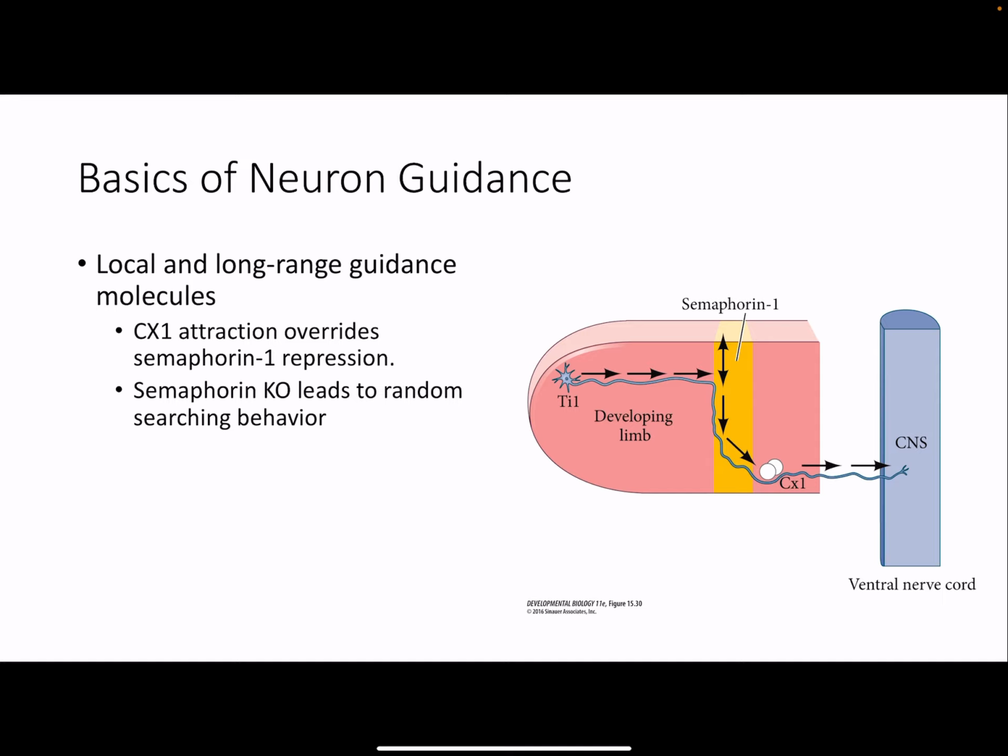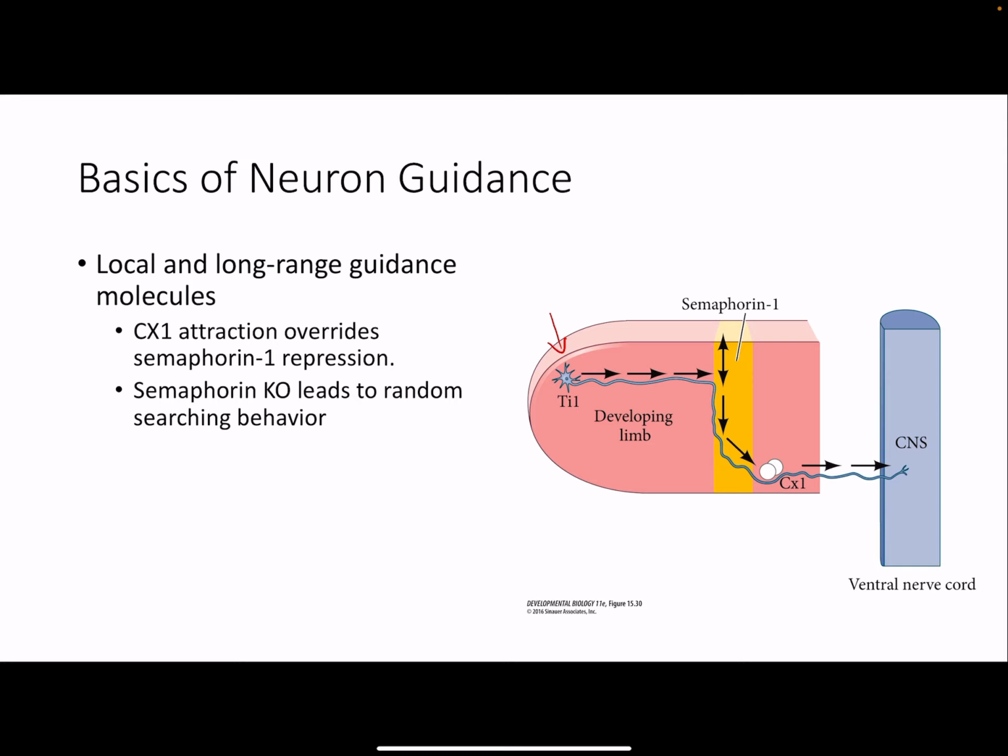So one example in the developing limb is moving a sensory neuron whose cell body is out in the periphery and then growing back into the central nervous system. So this TI1 sensory neuron here needs to go back to the central nervous system.